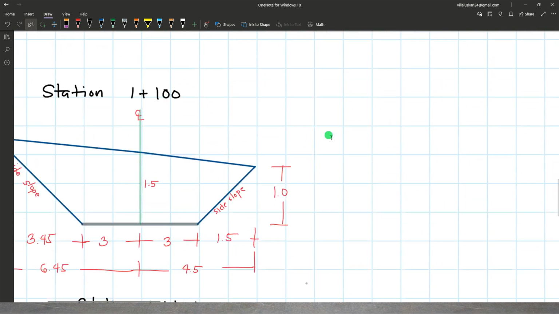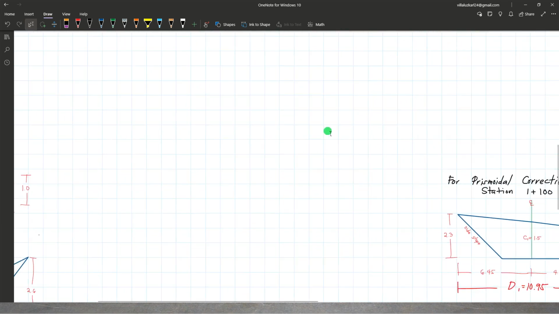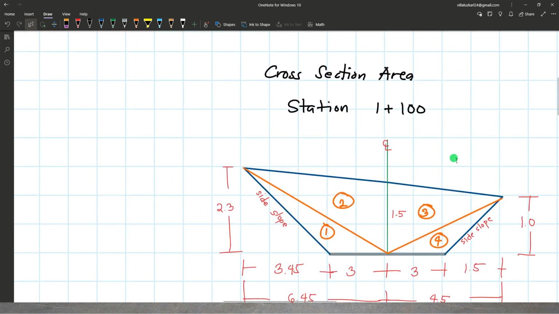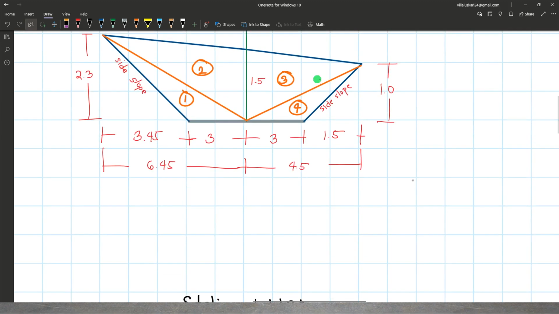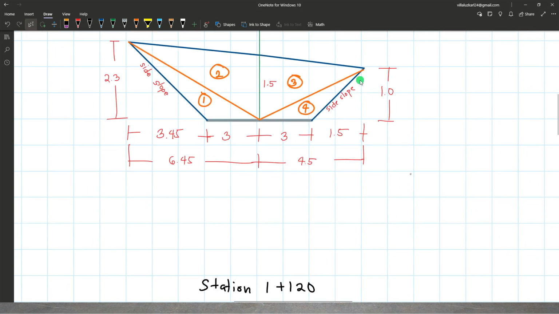Okay, so let's now determine the area. We can determine the area by dividing it into 4 parts and determining the area of each triangle. So for the area of the first cross section, area 1 plus area 2, area 3, area 4. Area 1 is a triangle here, 1 half base times height.